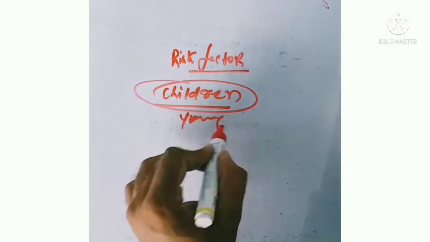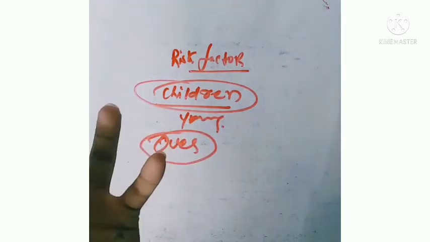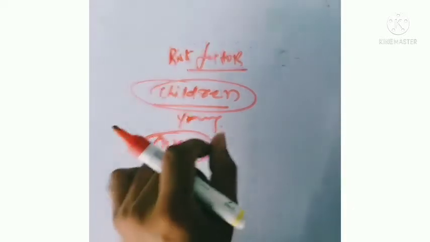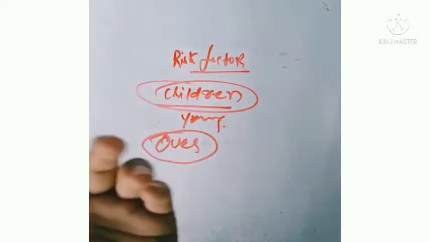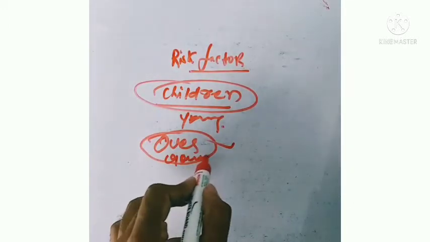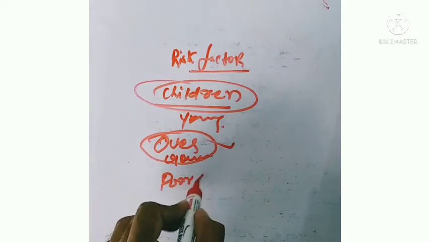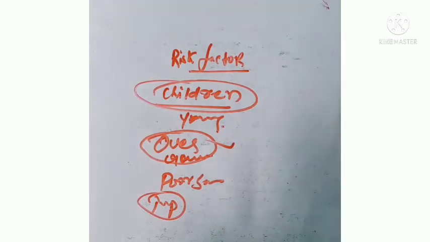Young adults, overcrowding, because in the overcrowded area there will be lack of sanitation maintenance, the improper health and hygiene will be maintained. So overcrowding and poor sanitation, improper wastewater maintenance, this can lead to the bacteria Salmonella typhi to grow.